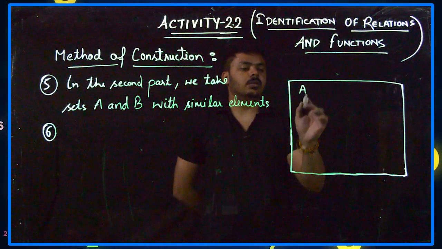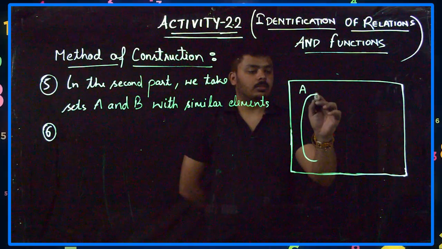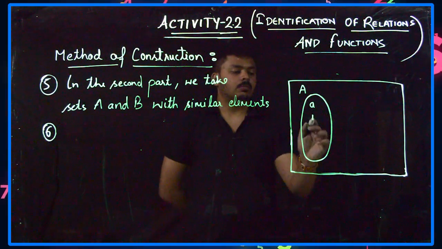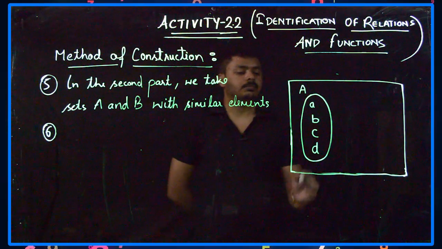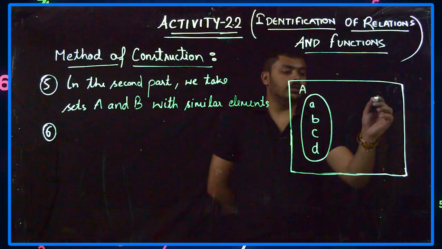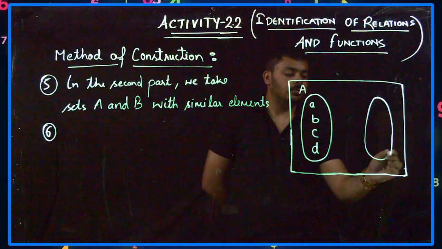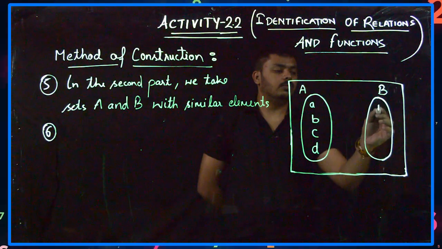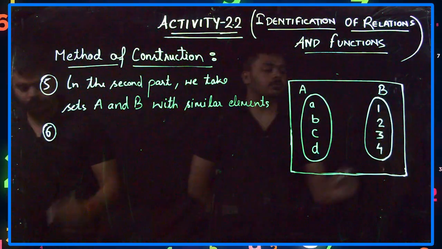Set A, that is the domain, A, B, C and D. Next, set B, that is called the codomain, 1, 2, 3 and 4.